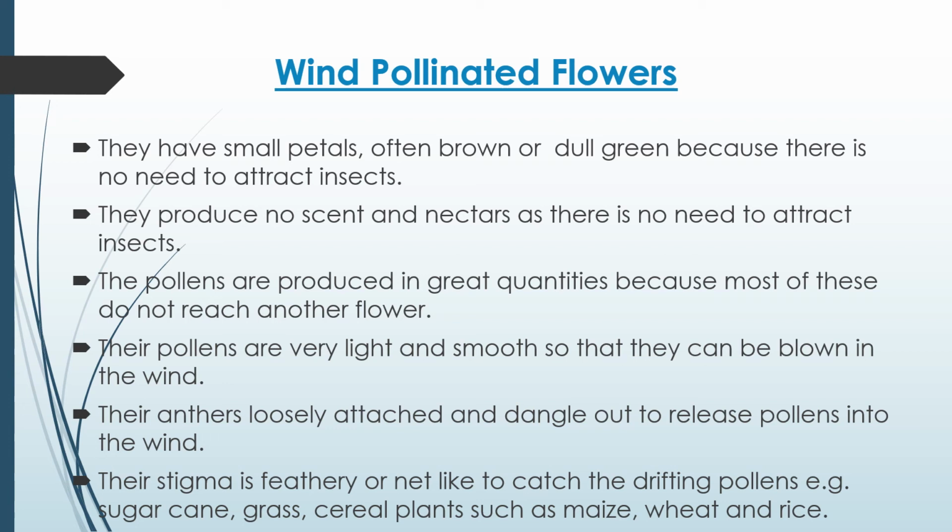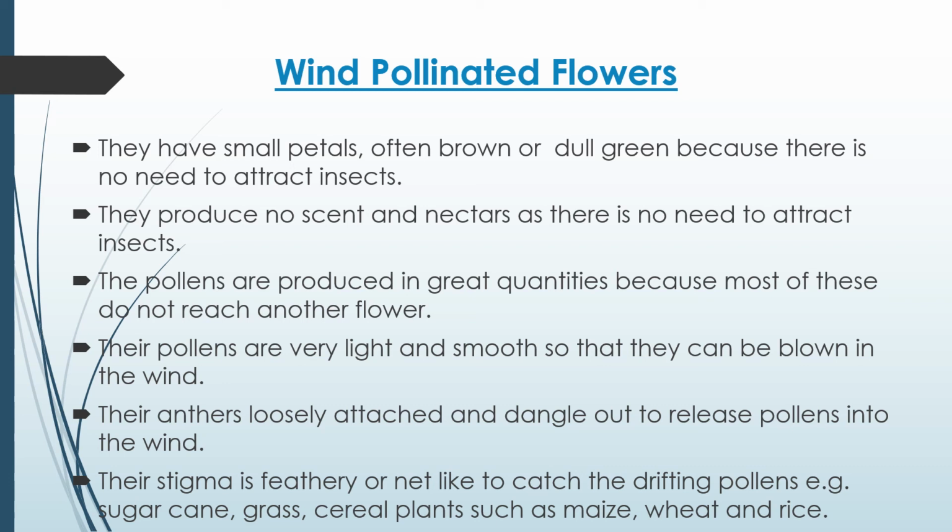Now they are not very attractive flowers. They have very small petals and dull colors, because they do not need to attract insects towards them. They do not produce any scent, meaning smell, and they do not produce any nectar, because they do not need to attract any insect. And the pollen is produced in great quantities. Why?